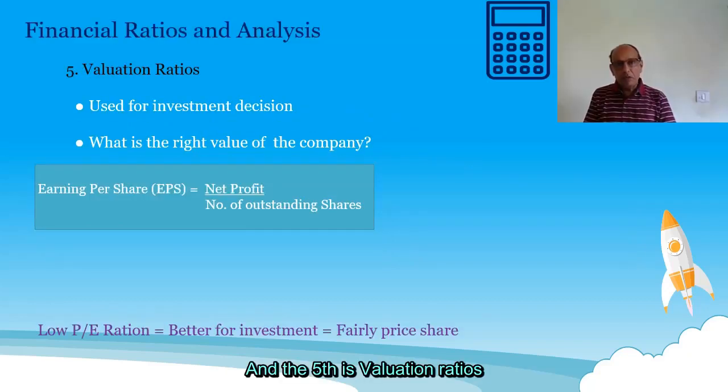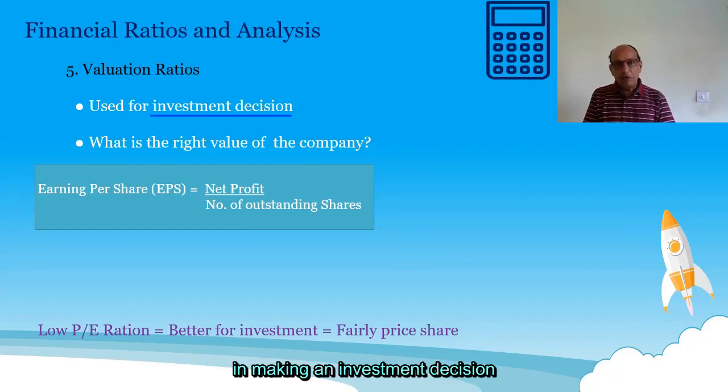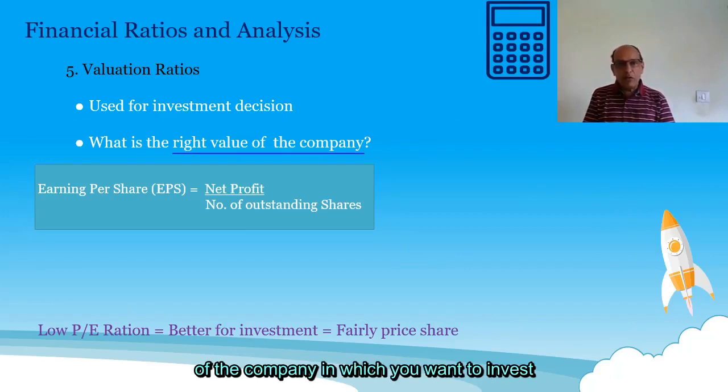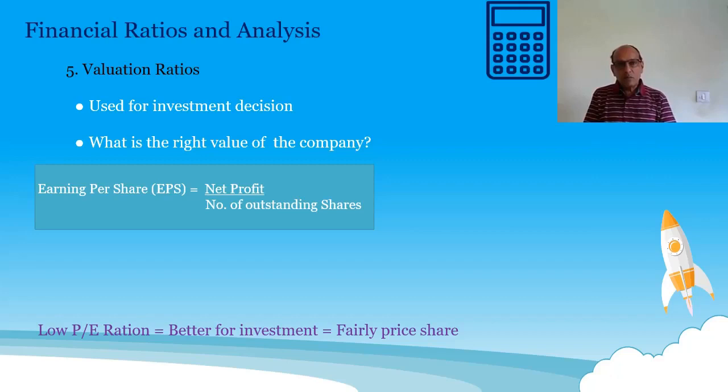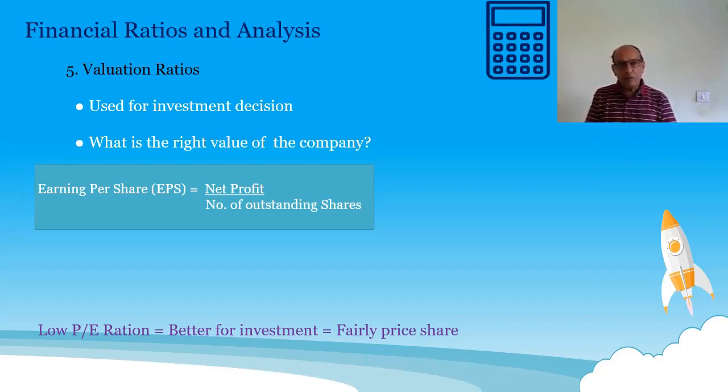And the fifth is valuation ratio. Valuation ratios help you in making an investment decision. Through this, you can find out the right value of the company in which you want to invest. There are different ratios to find this right value.